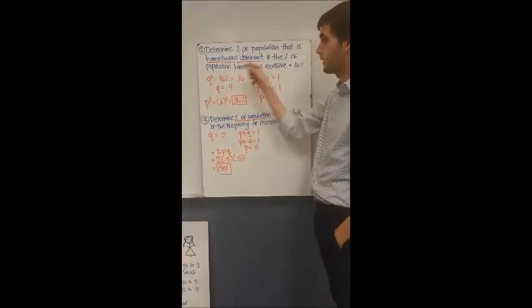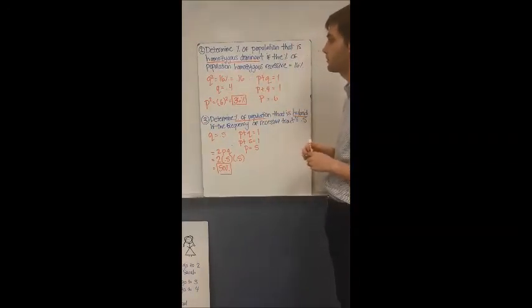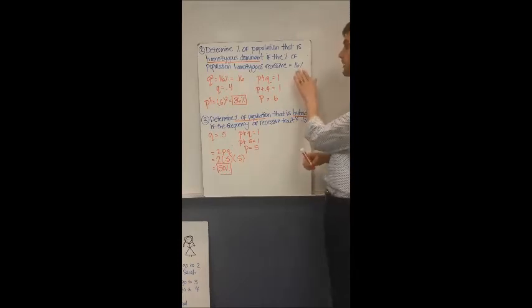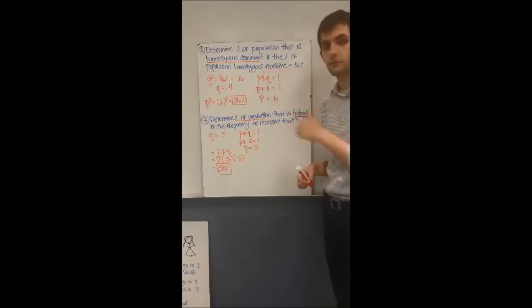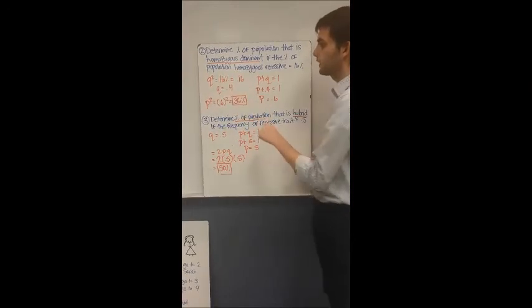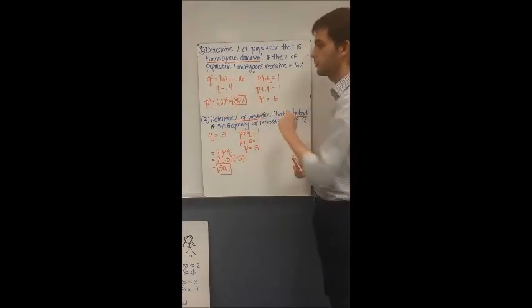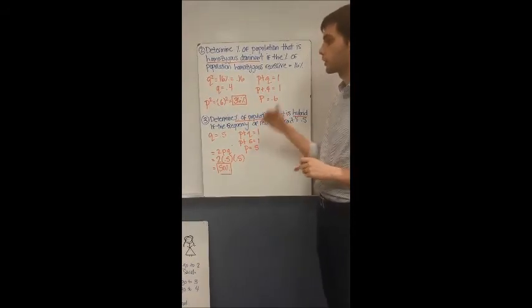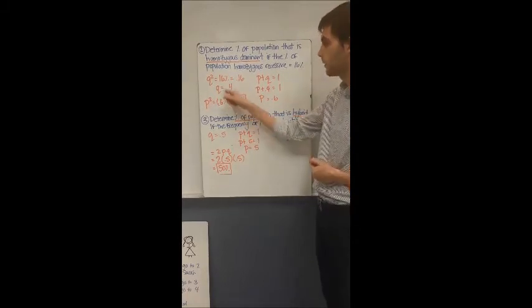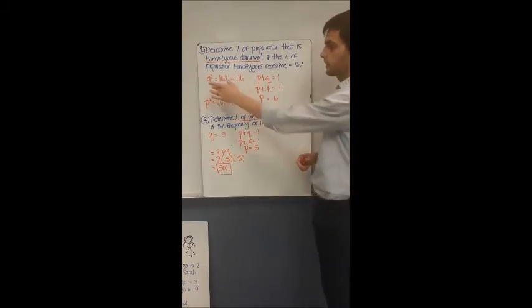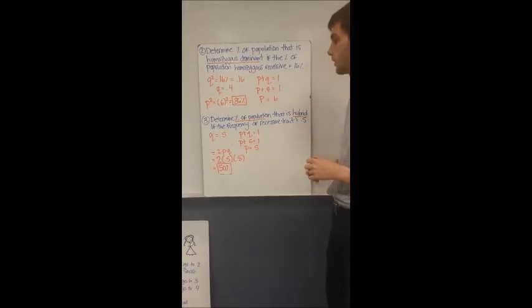The second problem that we have here says determine the percent of the population that is homozygous dominant if the percent of the population that's homozygous recessive is 16%. So here we're given the homozygous recessive. Remember, that's Q. So our Q squared value is 16%, which comes out to 0.16. And to determine our Q, or our frequency, we're just going to take the square root, and Q equals 0.4.